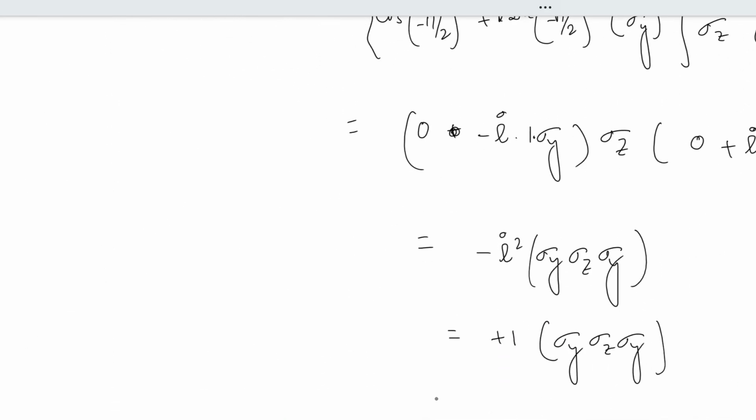So sigma y sigma z is equal to i times sigma x, and then again you are getting i sigma x sigma y. So again the first term Kronecker delta is 0 plus i epsilon ijk for xy in cyclic order is always again 1. So i times sigma z. So you are getting i squared sigma z, i squared is minus 1 into sigma z, so you are getting minus sigma z as your answer.